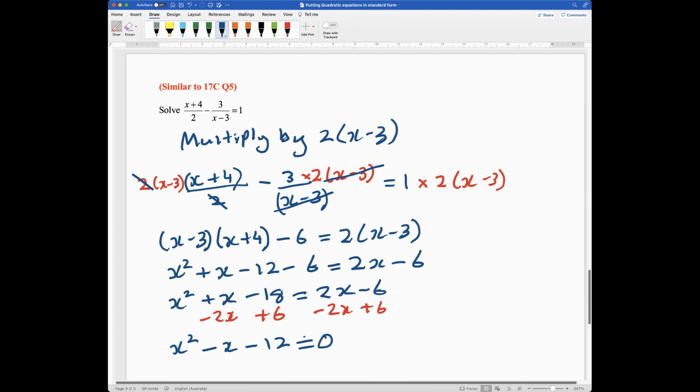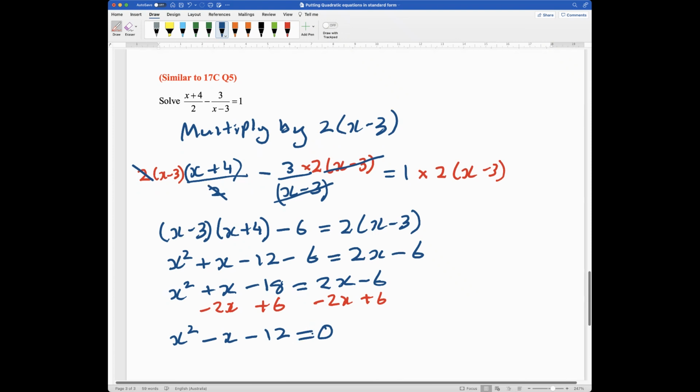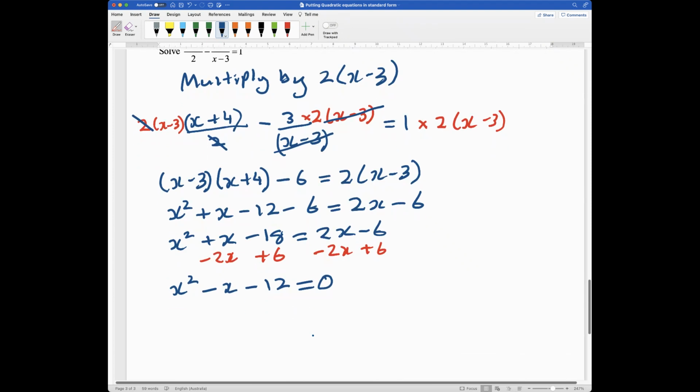Now from there, we should be able to factor that. Okay, so it's monic. You want two numbers which multiply to give the constant term, and two numbers which add to give the coefficient of x, which is -1 in this case. So let's try -4 and 3. So that works.